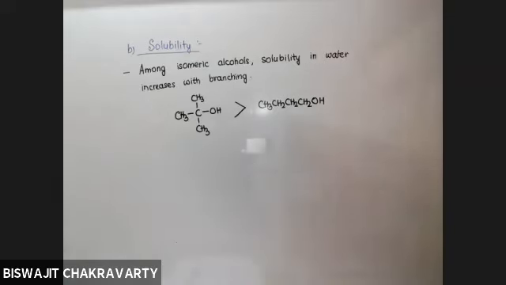Yes, sir. So if dominance of alkyl group decreases, automatically the dominance of OH will increase or not? Yes, sir. And if dominance of OH increases, will it not be more soluble in water? Yes, sir. Is it clear to everyone?